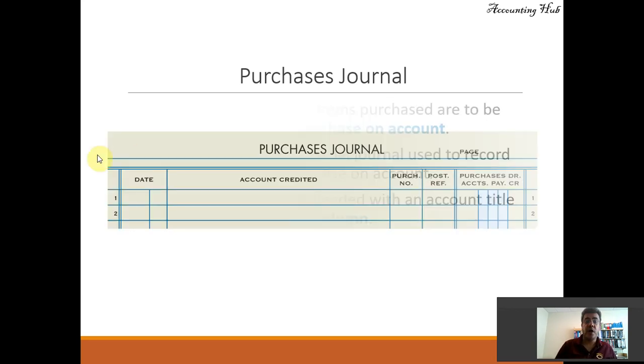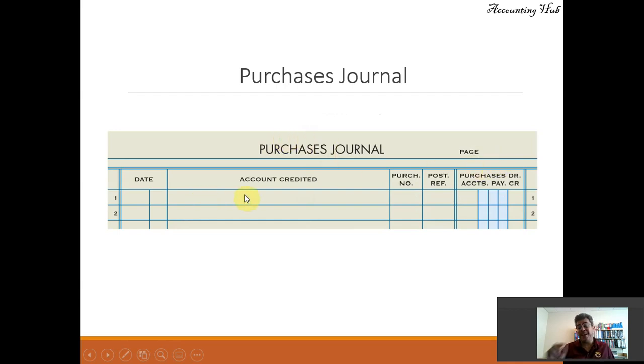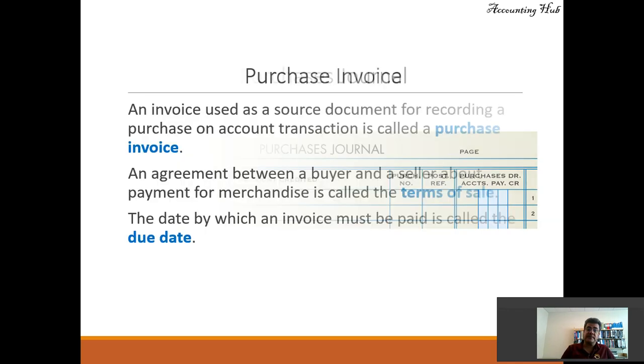So what do we have here? Purchase journal, number of page, account credited. Why account credited? Because the purchase will always be a debit, because it is my inventory, it is an asset, so purchase will be a debit account, and we will be crediting the accounts payable for each of our suppliers.